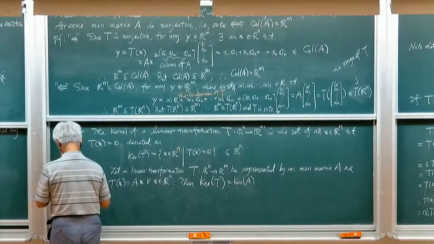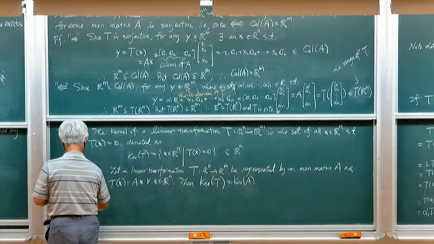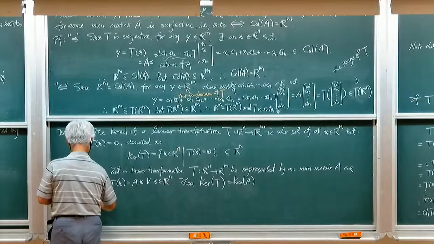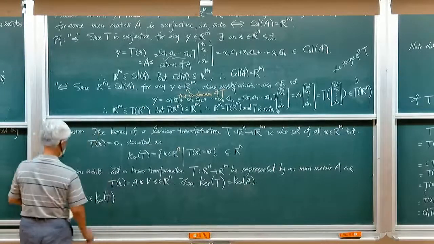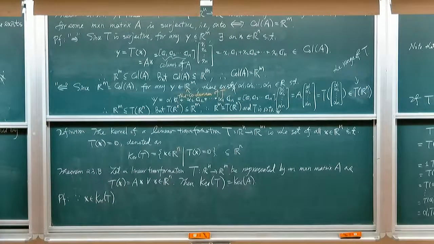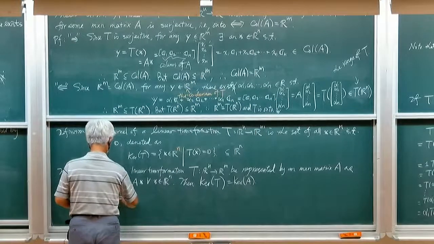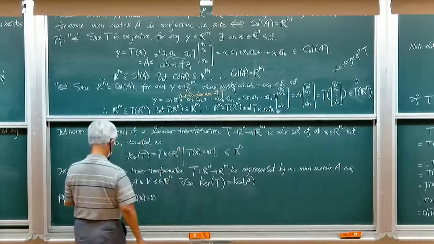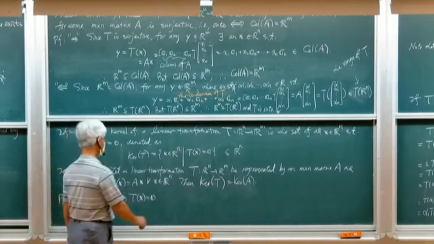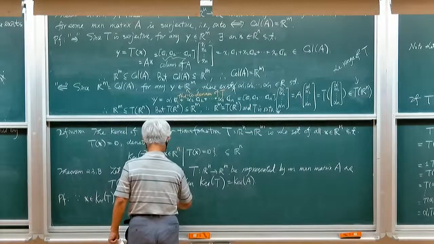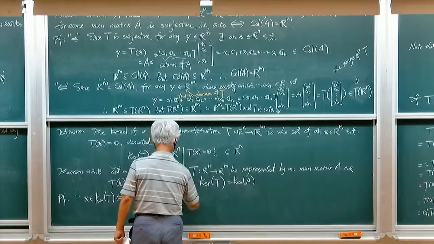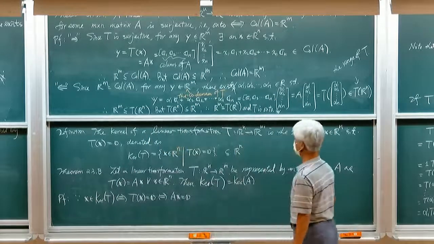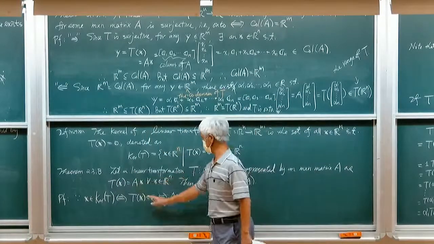And the proof is quite trivial. A vector x is in the kernel of the linear transformation. By its definition, that T on x is equal to the zero vector. Okay? But this is saying that Ax is equal to 0 because Tx is equal to Ax. Okay?